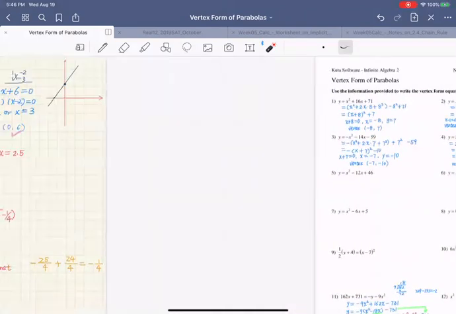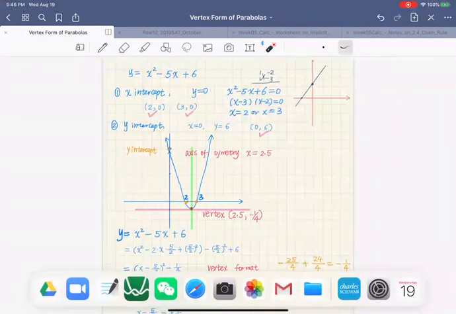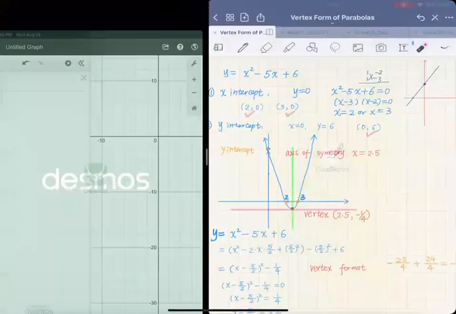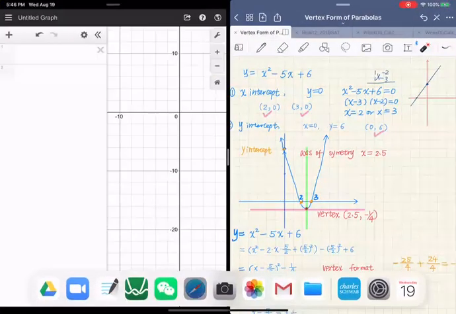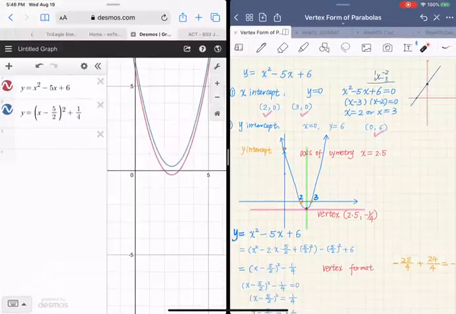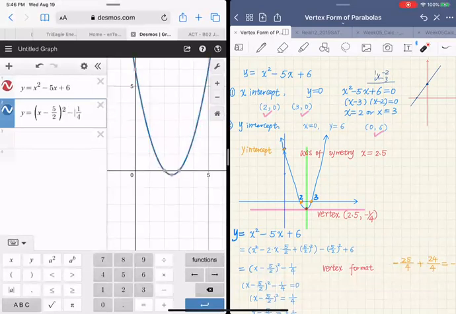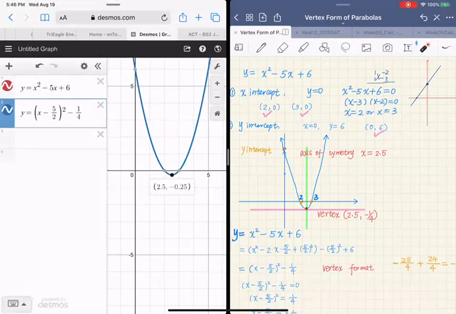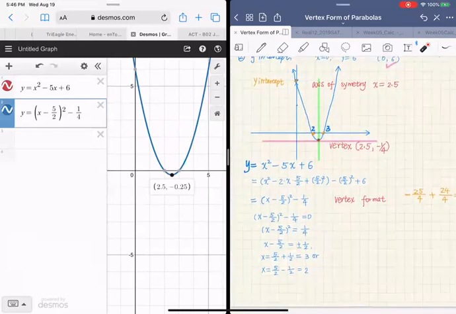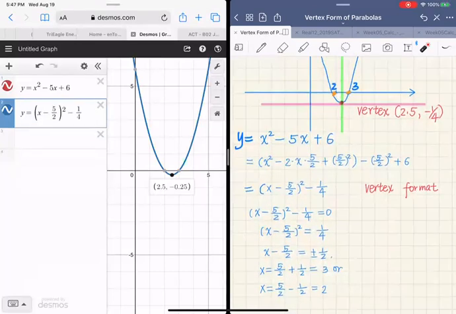Hold on, let me teach you, and let's finish one more thing. You see these black dots? If you read it, it's 2.5, negative 0.25. This point is called the vertex.